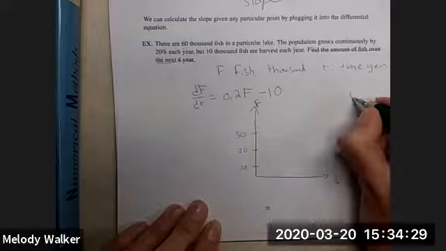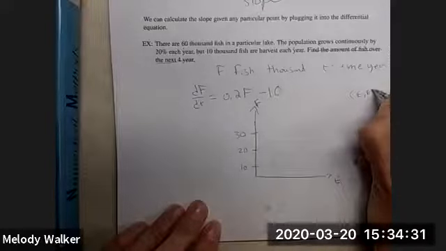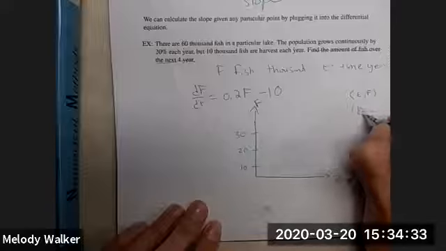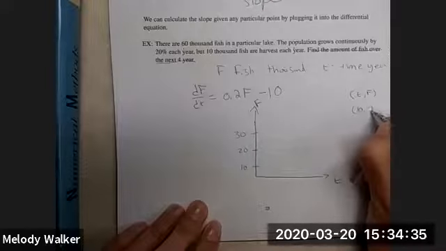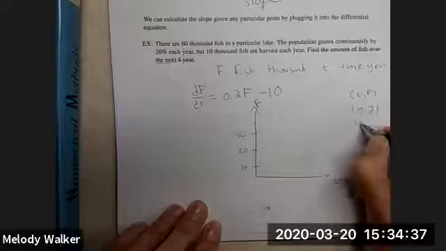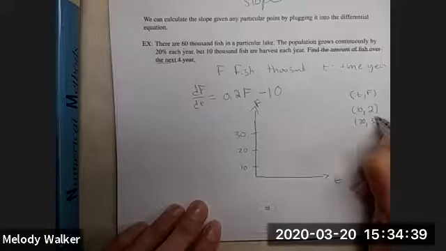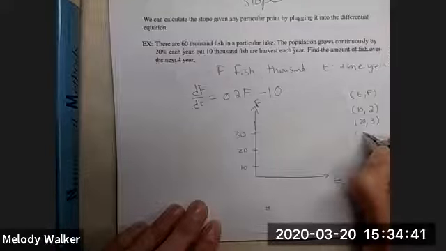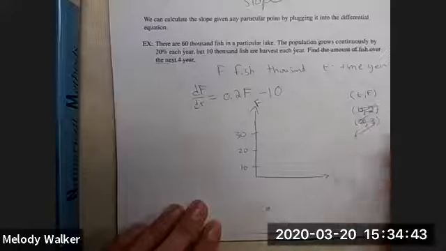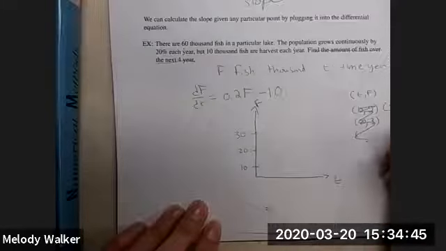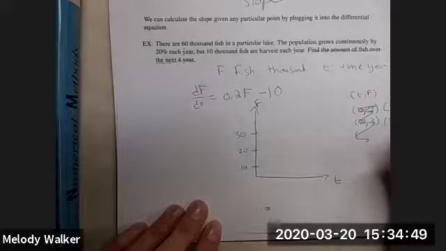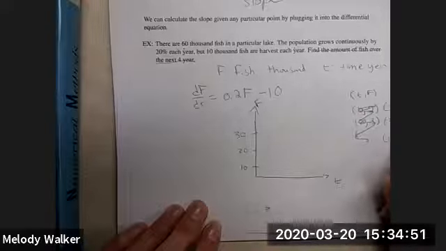We're just going to pick a couple points here. So this is T and F. Doesn't really have to be in any order. Oh, I wrote this the wrong way. I want my time to be 2, my fish to be 10; my time to be 3, my fish to be 20; and time is 1, and fish is 30.